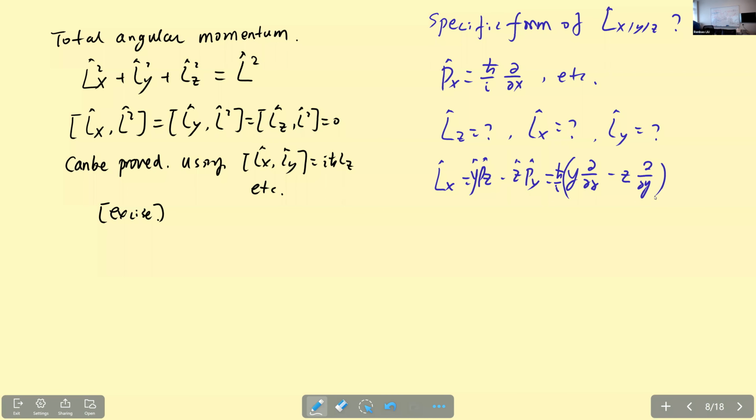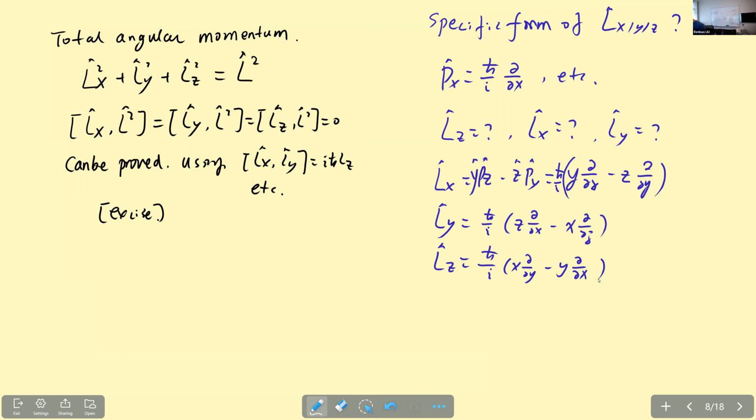And Ly, of course, equals h bar over i times z partial x minus x partial z. And Lz equals h bar over i times x partial y minus y partial x. So that's a specific form, but not very intriguing.